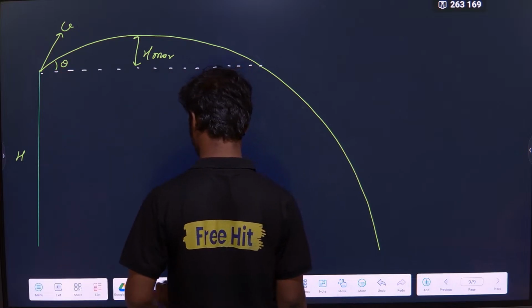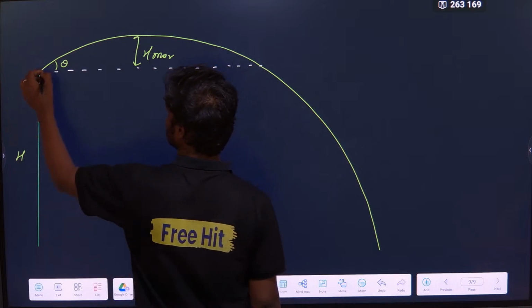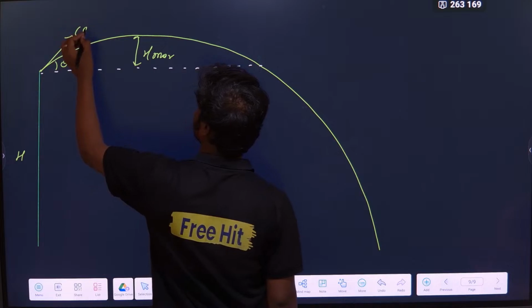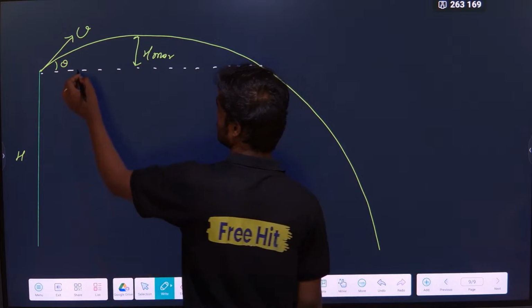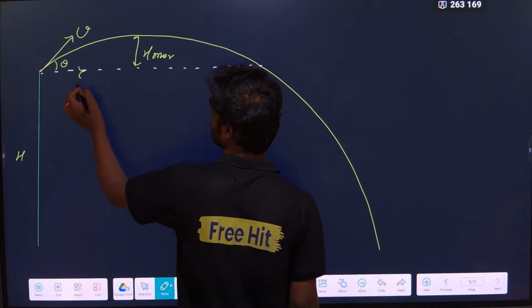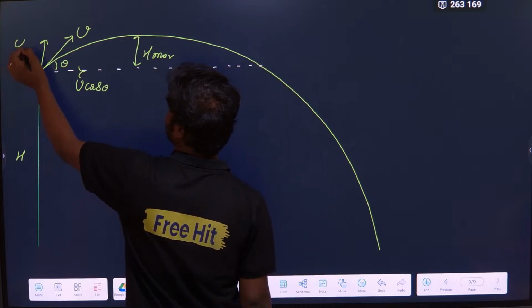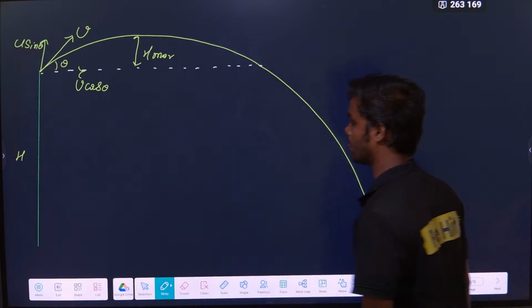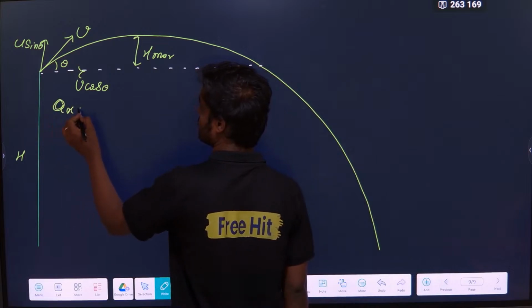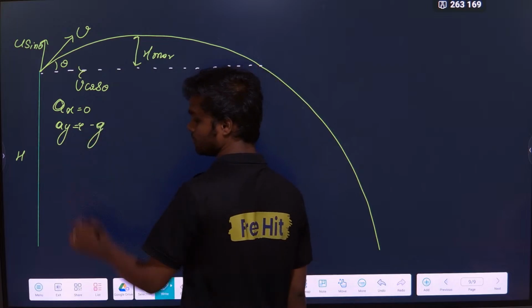Okay, let me draw this properly. This is u, that is theta, that is u sin theta. Acceleration in y is equal to minus g, correct?